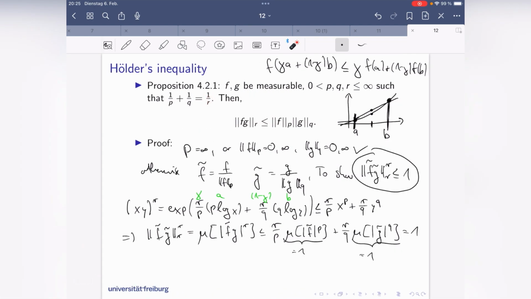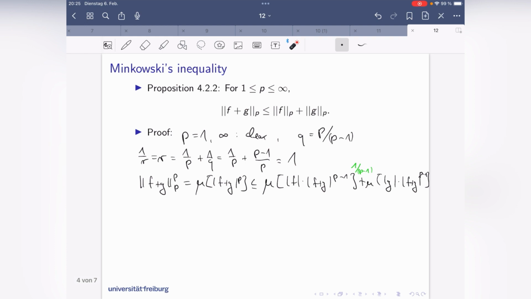I have the 1 norm of the product, and Hölder tells me that's smaller or equal than the p norm of f times the q norm of this here.